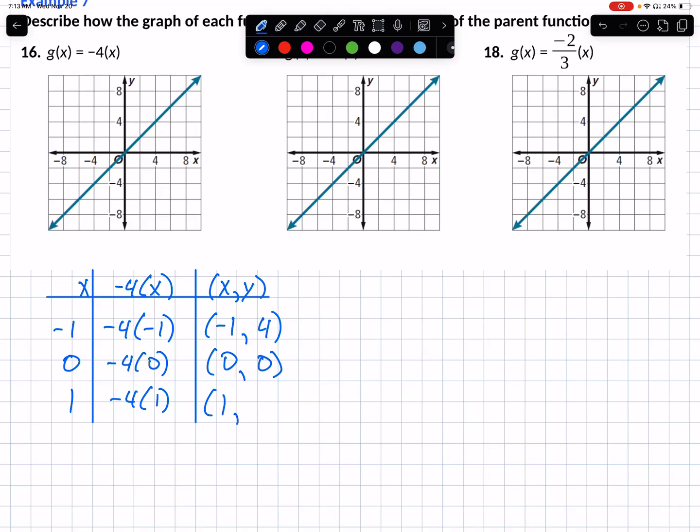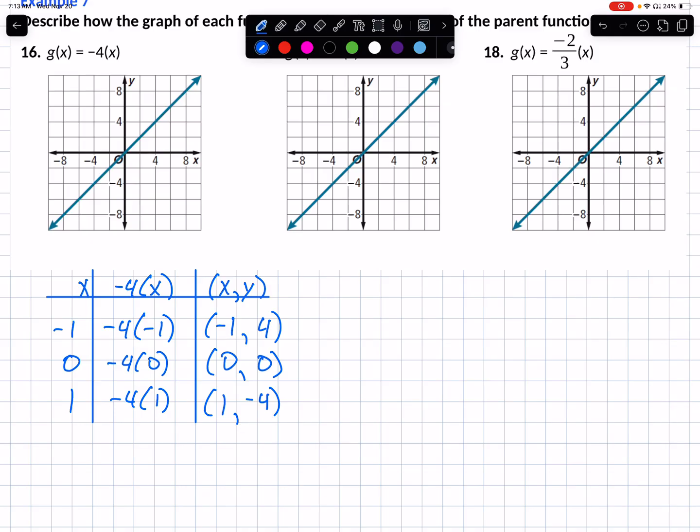Right? If we reflect, the middle of the graph is 0, 0, and it's not going to change. If we multiply -4 times +1, we get -4. So I like picking -1, 0, and +1 because it keeps us around the middle of this graph, and we're more likely to find ordered pairs that are on that graph.